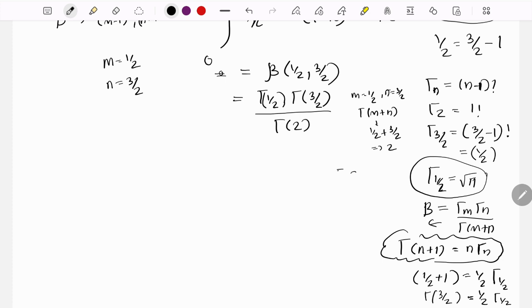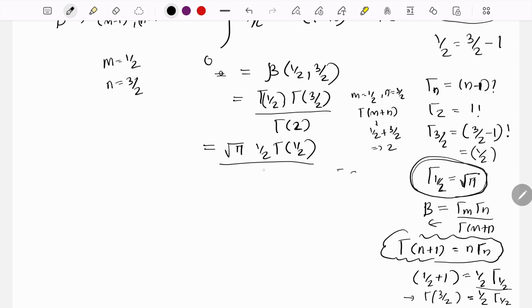So this is equal to, we know gamma of 1 by 2 is equal to root pi, that is root pi into, and gamma of 3 by 2 is equal to 1 by 2 gamma of 1 by 2, that is 1 by 2 gamma of 1 by 2, divided by gamma of 2, that is gamma of n is equal to n minus 1 factorial, that is 2 minus 1 factorial.